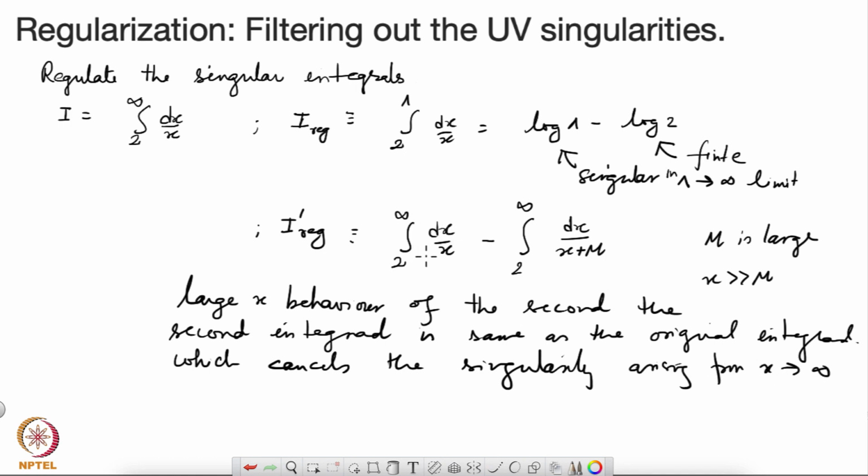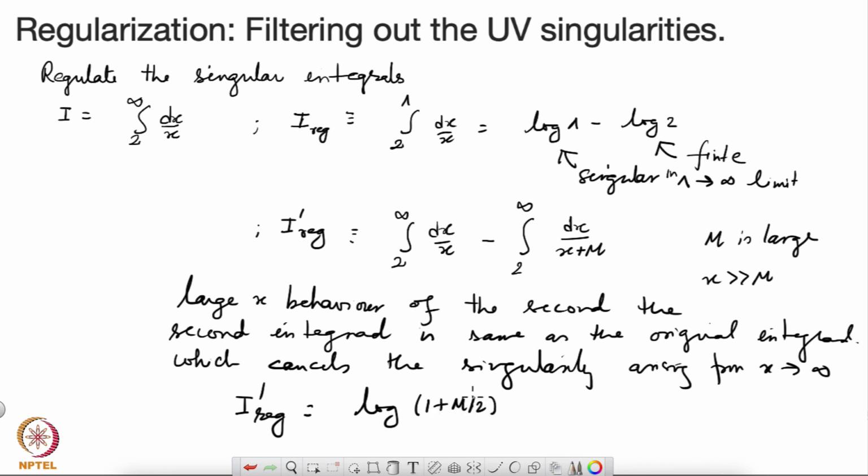So having dx times 1 over x minus 1 over x plus m gives you a regulated integral, and you can explicitly check that I prime regulated is log of 1 plus m over 2.